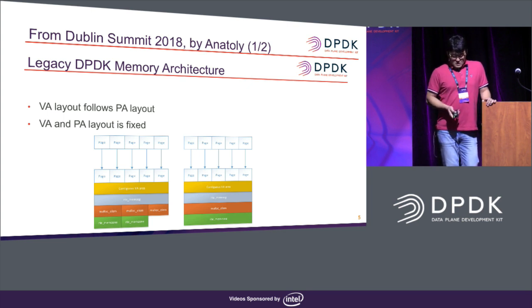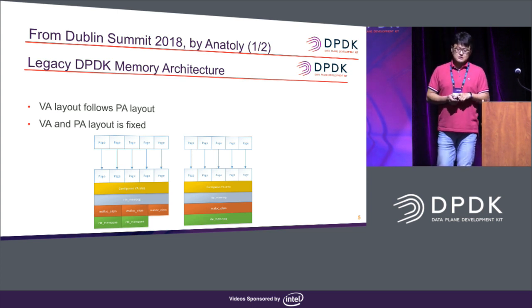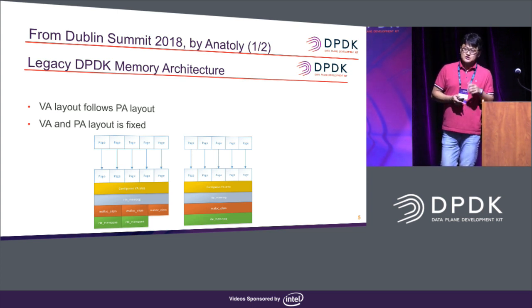This is the legacy DPDK memory architecture, which is so greedy. On initialization, DPDK usually tries to acquire all the available huge pages on the system, and we try to make the virtual address layout and the physical address layout the same, which is not necessarily needed.